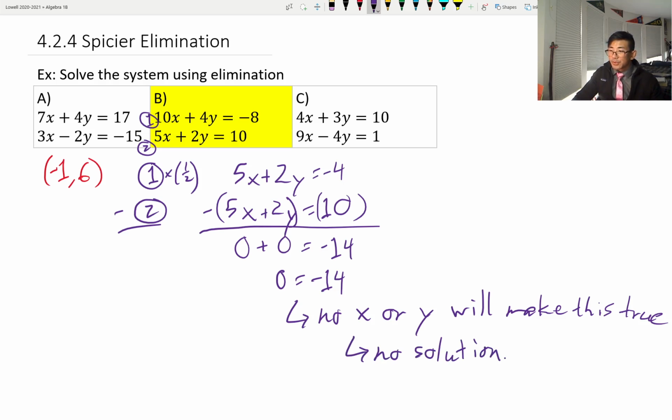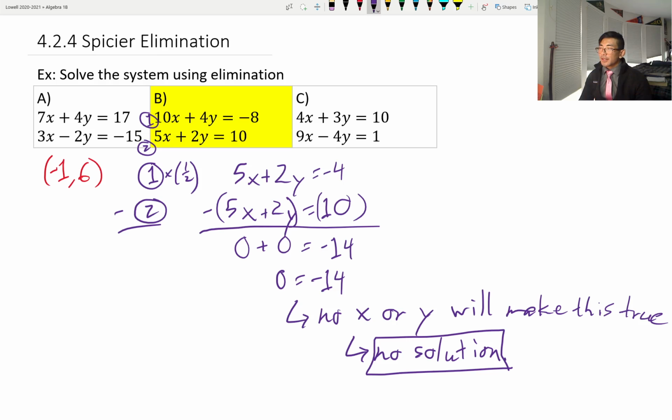So once you get to this, and this is a case for a system or just a regular one-variable equation, when you get to this nonsense statement, it means that there is no solution. But I do want to take a second here in this video to talk about what this means visually or graphically.